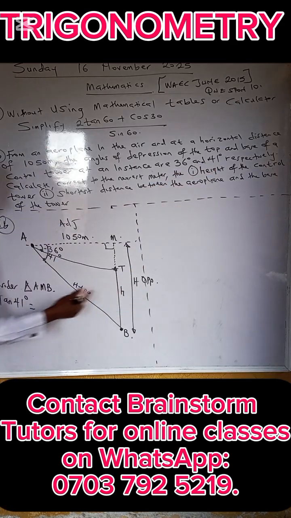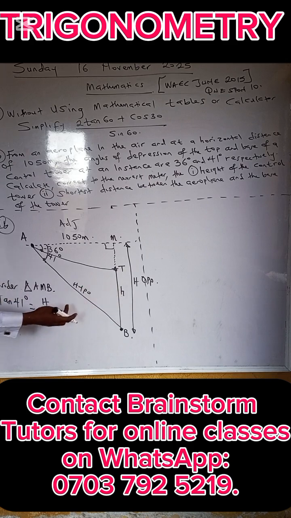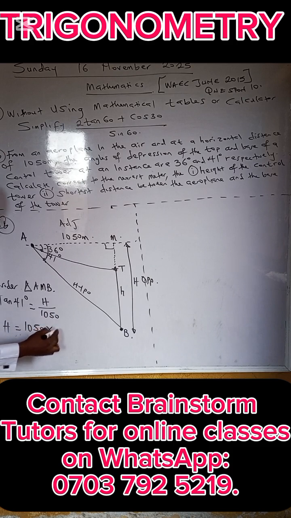Remember, my opposite is H, which is my total height of the aeroplane from the horizontal base, over adjacent. My adjacent is 1050. So H is going to be 1050 times tan 41 degrees.